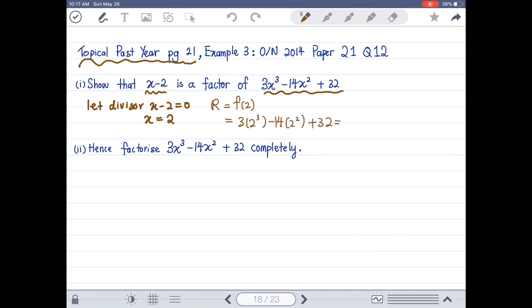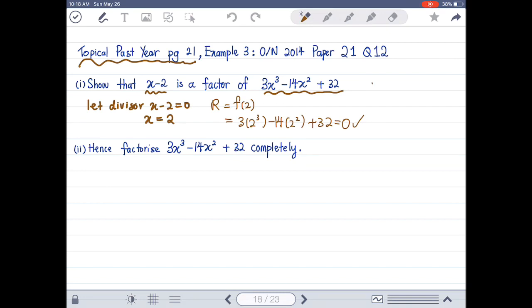Use your calculator. Minus 14 times 4. So the answer is 0. So the remainder is equal to 0.